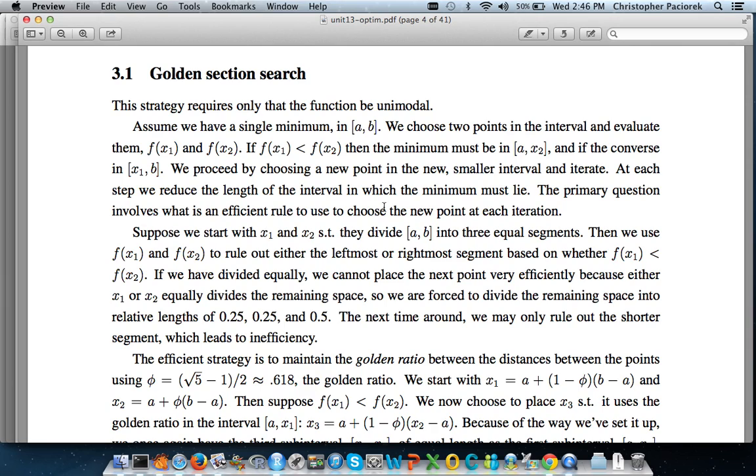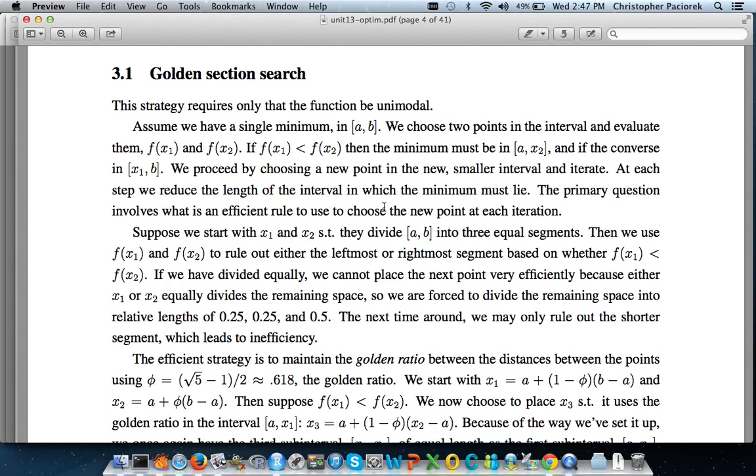The idea is we start by supposing I choose 2 points here, x1 and x2, and I evaluate the function f at those 2 points.